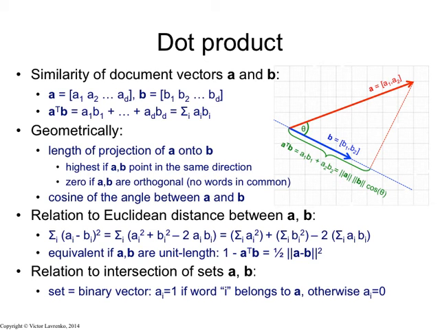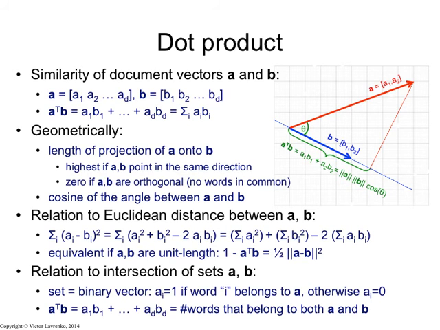And if you have binary vectors, then a dot product is really the same thing as the set intersection operation. Right? So for the dot product, I take A1 times B1, and think about what this means.